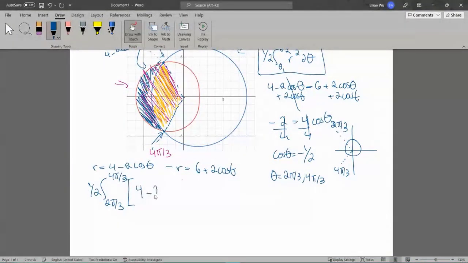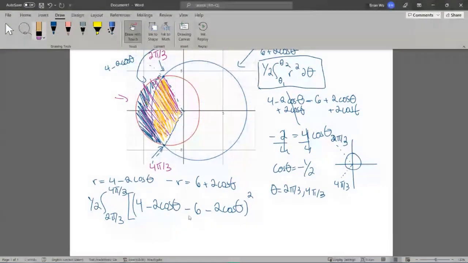So that's going to be 4 minus 2 cosine theta. That's the whole area, minus the inside area. So minus 6 minus 2 cosine theta. And then you're going to square, or let's see, actually, okay, no, hold on. You need to square them individually, I believe. Sorry.